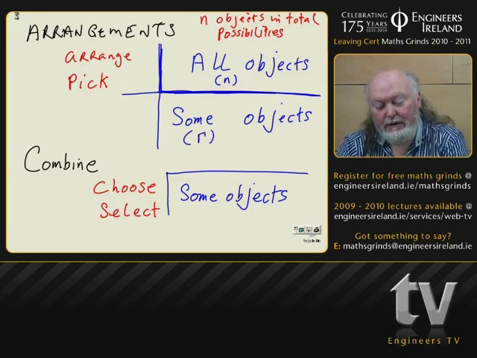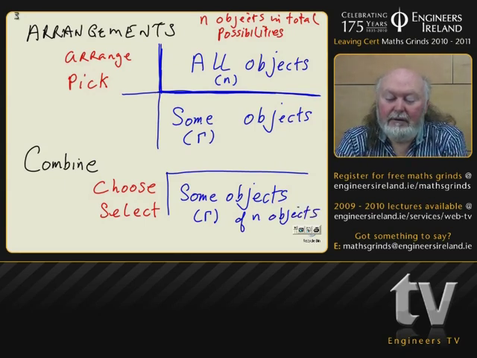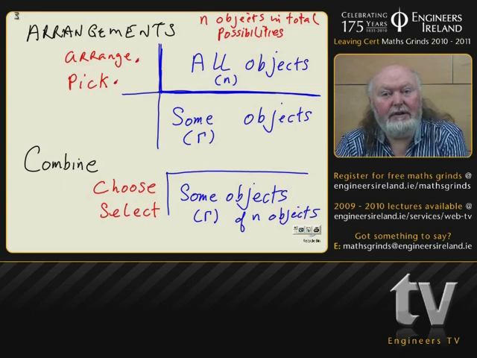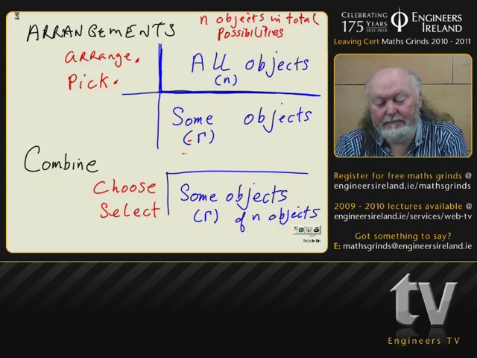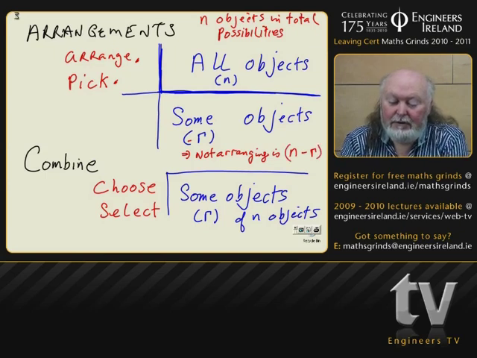And this down here is going to be r, again, of n objects. One last little thing. If we are picking or arranging r objects, the amount that we're not arranging is n minus r. And likewise down in the bottom one.